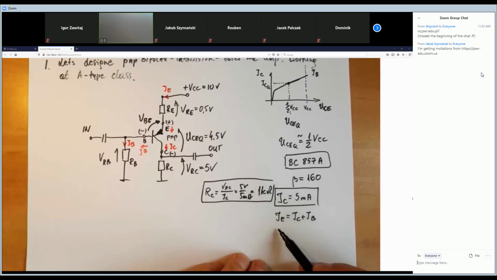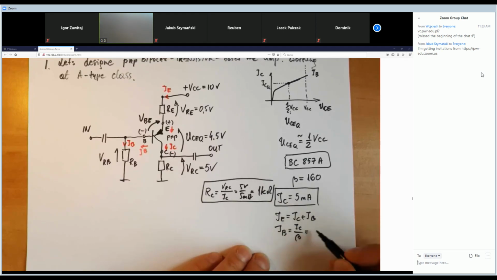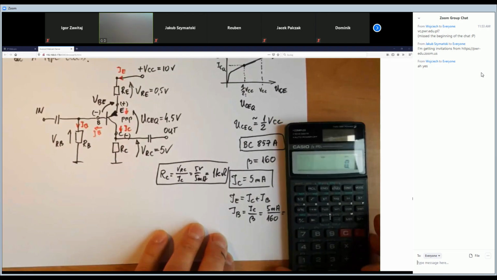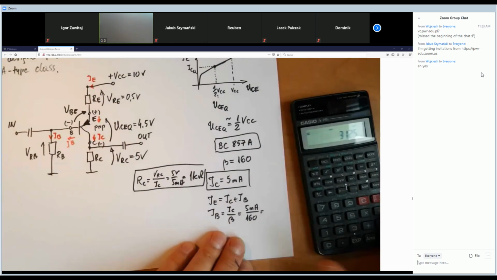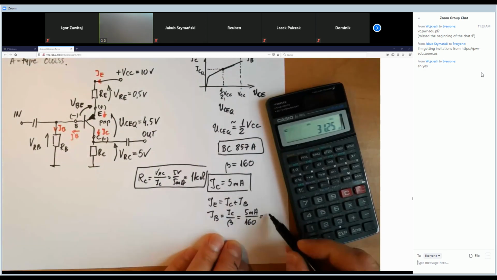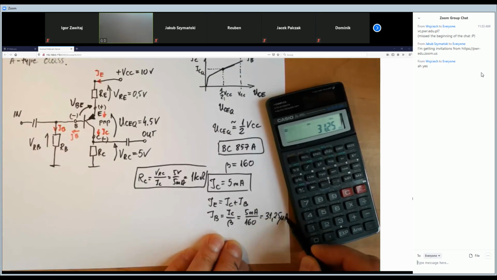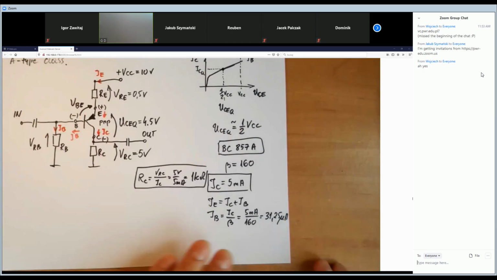So IB will be equal to IC over beta, so 5 milliamps over 160. As you see, this is 31.25 microamperes. We've got the IB.